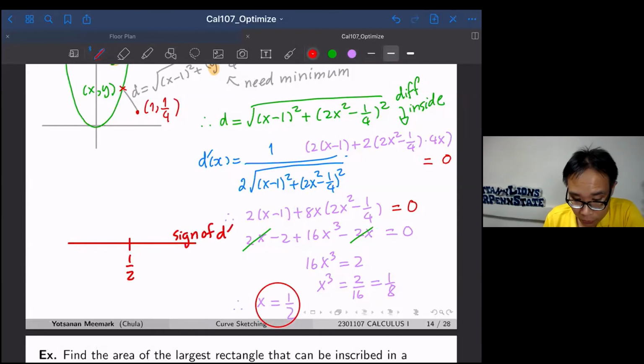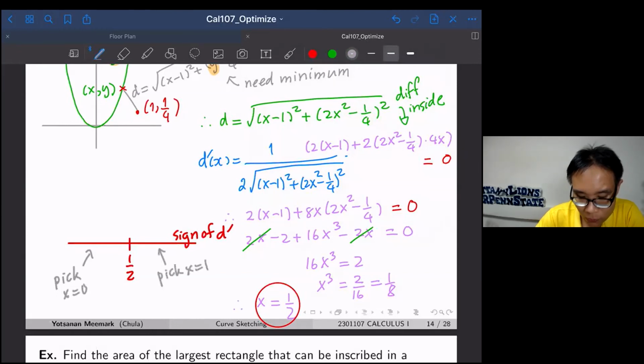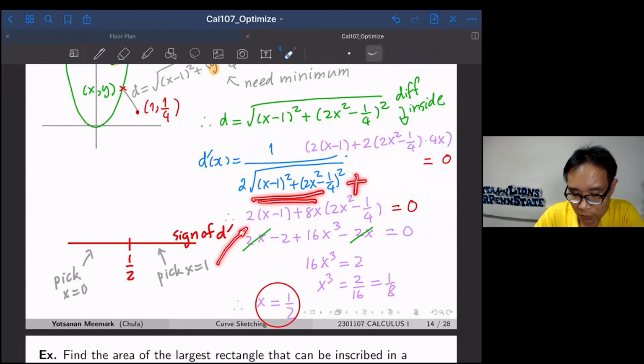In this case, you pick one number in each interval. You pick x equals 0 on one side, and here you pick x equals 1, and you put them into your purple expression. Why did I put them into the purple? Because we know that the square root part is always positive. We don't care about its sign, so it's not going to change our sign.